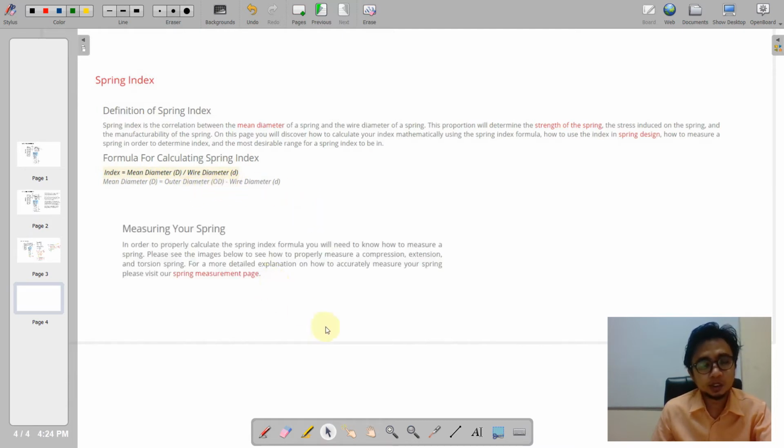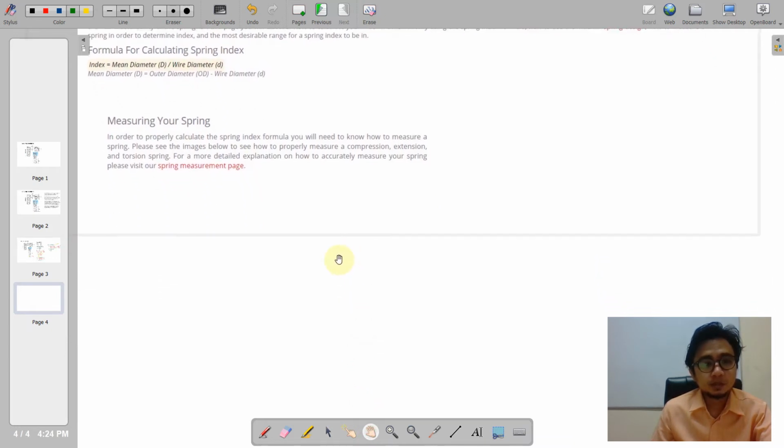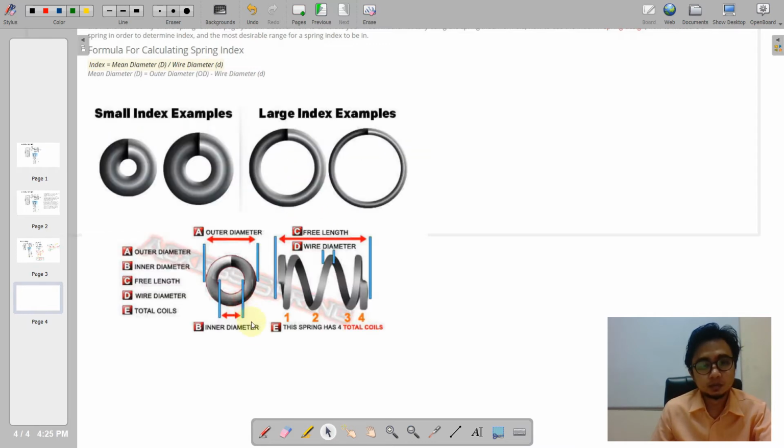Of course, we want to measure our spring so that we can apply the spring index formula. As an example, we have here small index examples and large index examples.